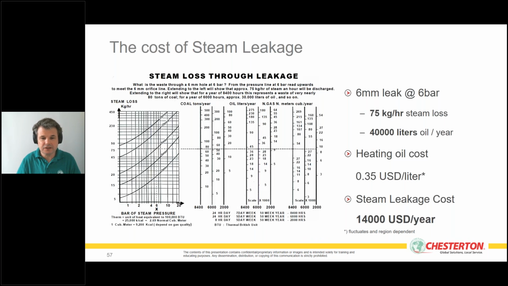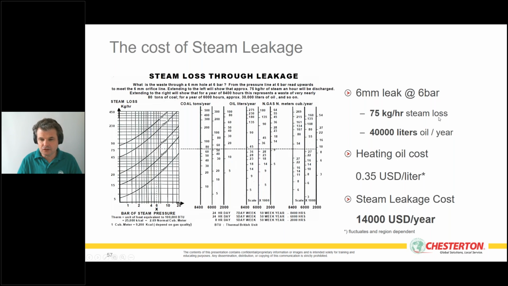this steam leakage we can actually translate to money very easily. We have this chart here on the left. There are some formulas behind it, but if we have a 6 millimeter diameter steam leak, very similar to what Piotr showed before for the air leakage, at 6 bars this means 75 kilograms per hour.